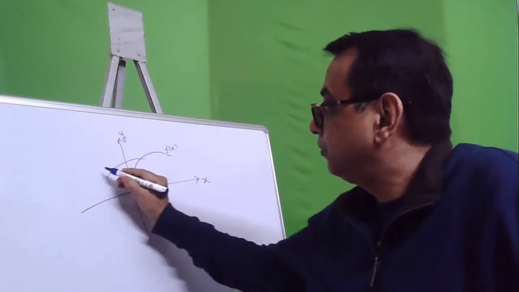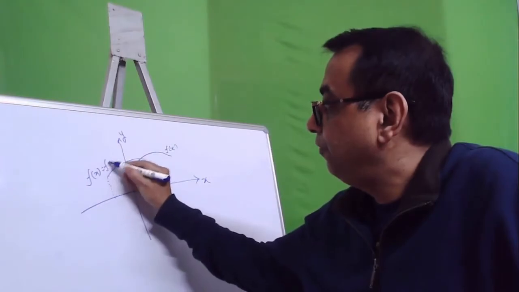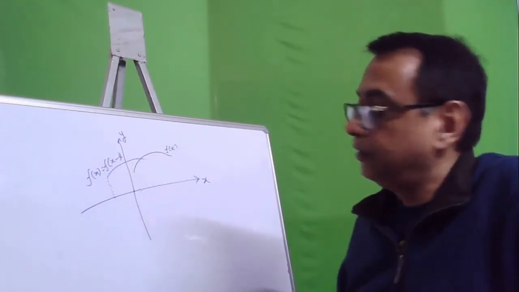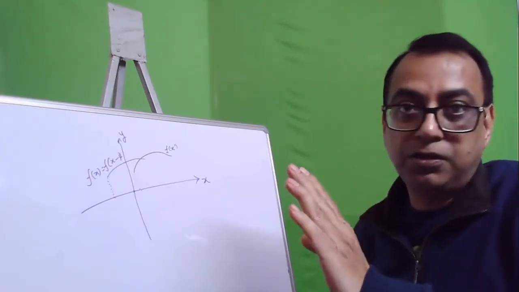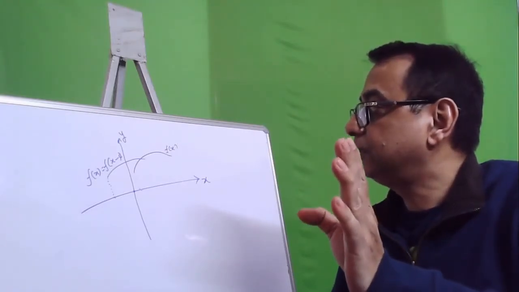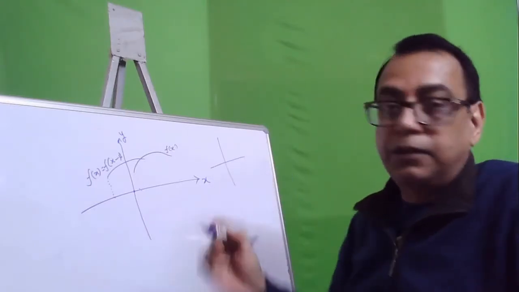So this function will be f(x) equals f(x minus c). That is, horizontally you shift by c units. So when you horizontally shift by c units, you write it f(x minus c). Please remember, there are two things.